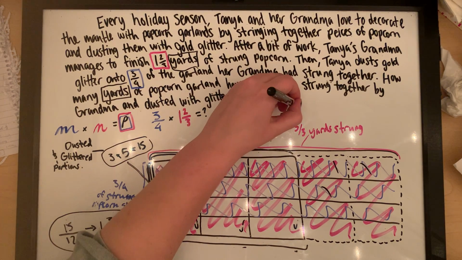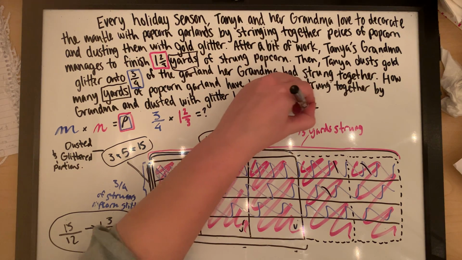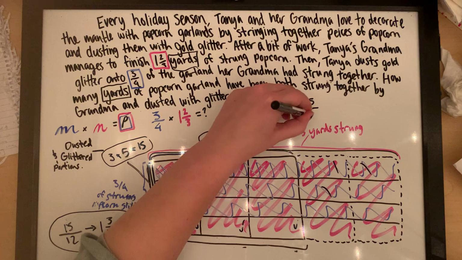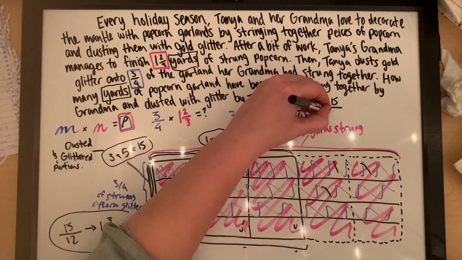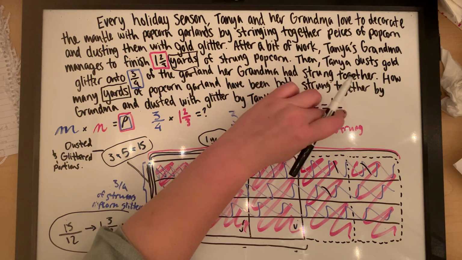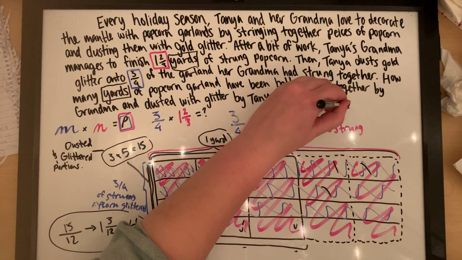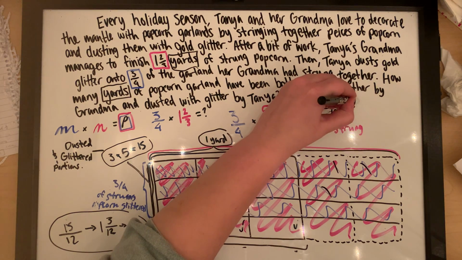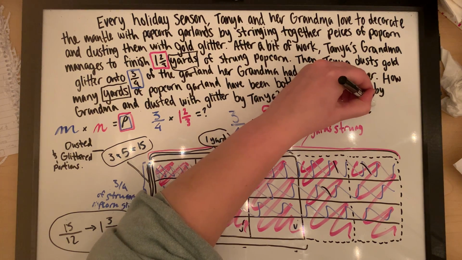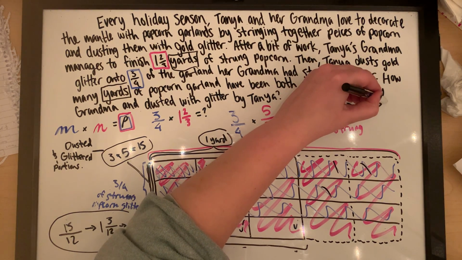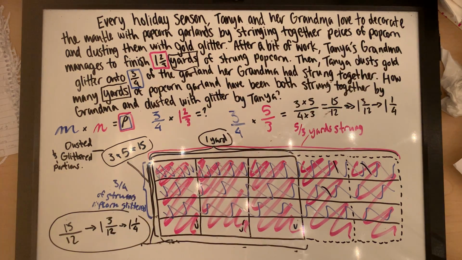We could also solve this problem by saying 3 times 5 over 4 times 3, giving us 15 over 12, or 1 3/12, which can be reduced down to 1 1/4.